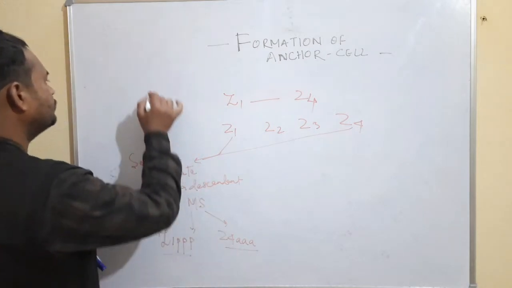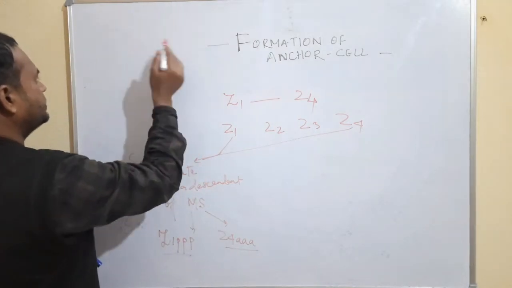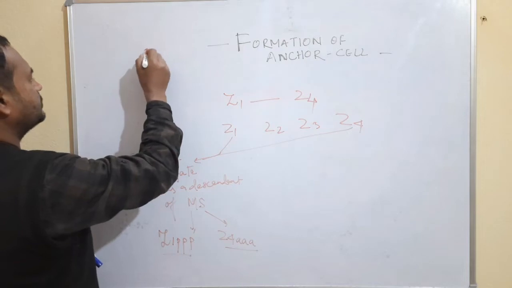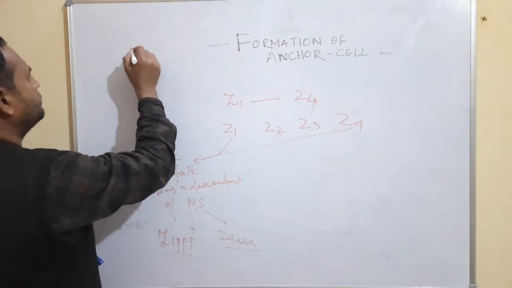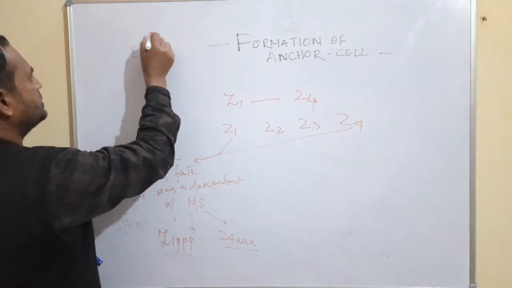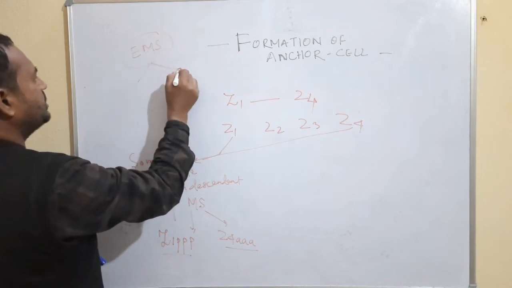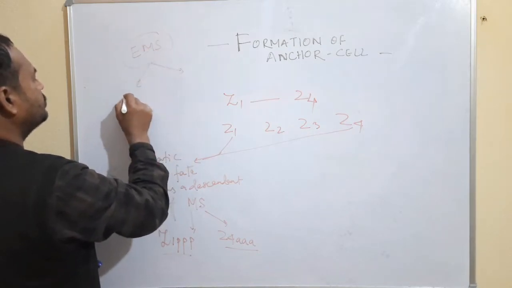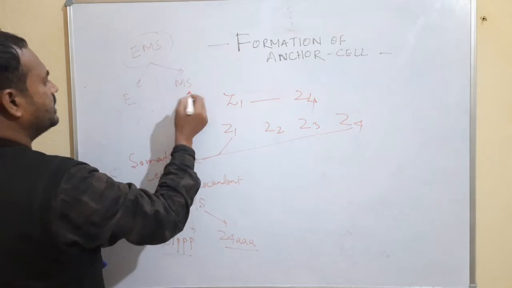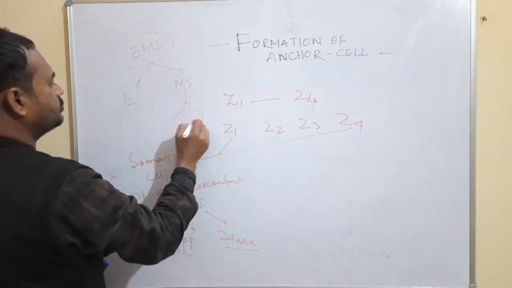Suppose the cell divided and EMS was formed. Then EMS again divided into E and MS, and MS went through subsequent divisions.